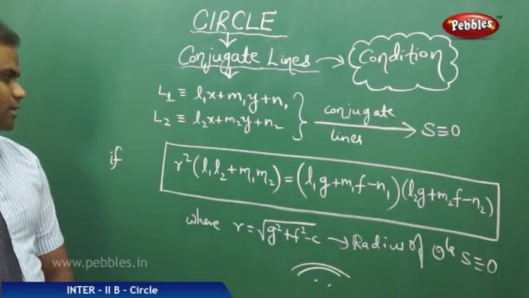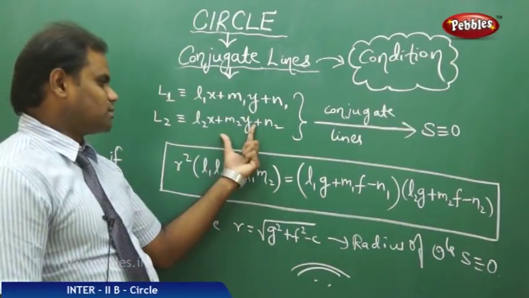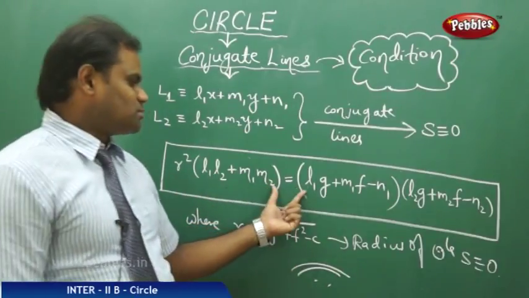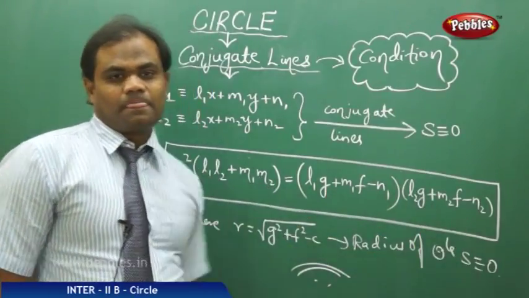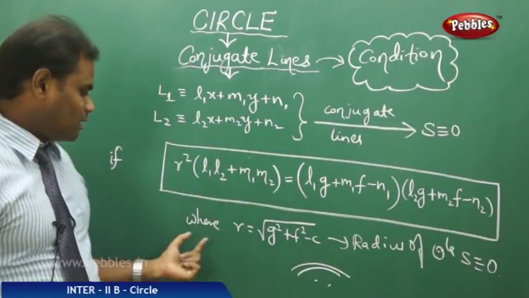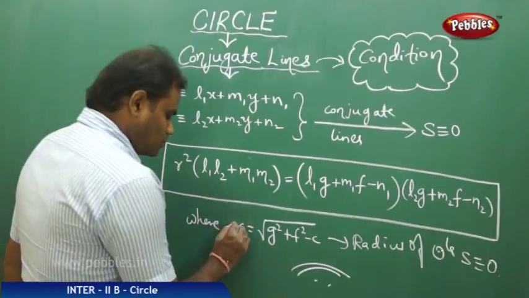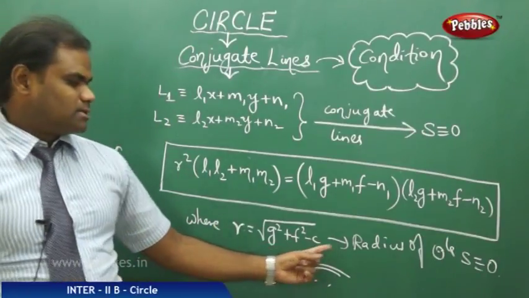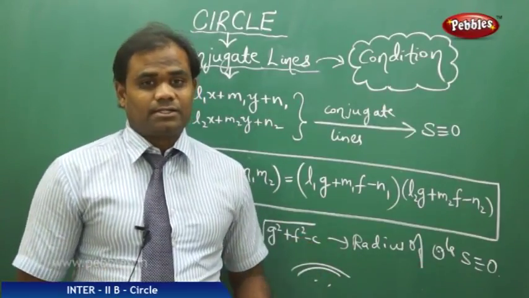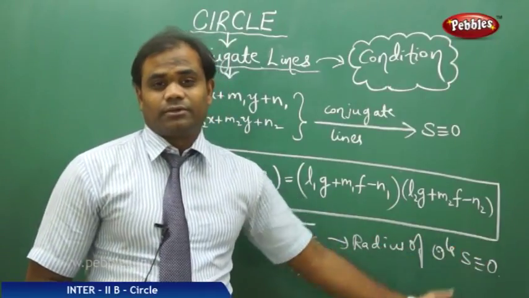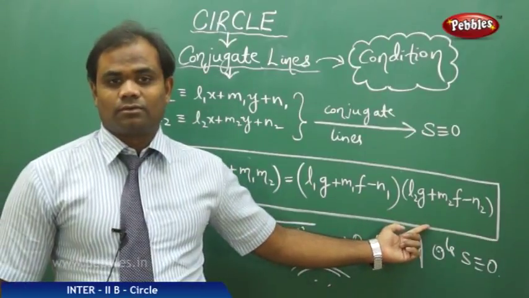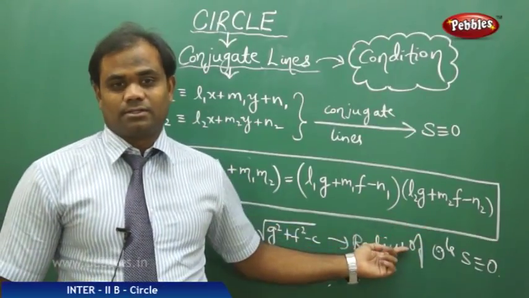So the condition here is that for two lines to be conjugate with respect to the circle S equal to 0, R squared into this must be equal to this times this, where L1, M1, N1 and L2, M2, N2 are extracted, and R, which is given by the formula root of G squared plus F squared minus C, is the radius of the circle which we find using G, F and C extracted from the general equation of circle. The condition for existence of two lines to be conjugate is this.